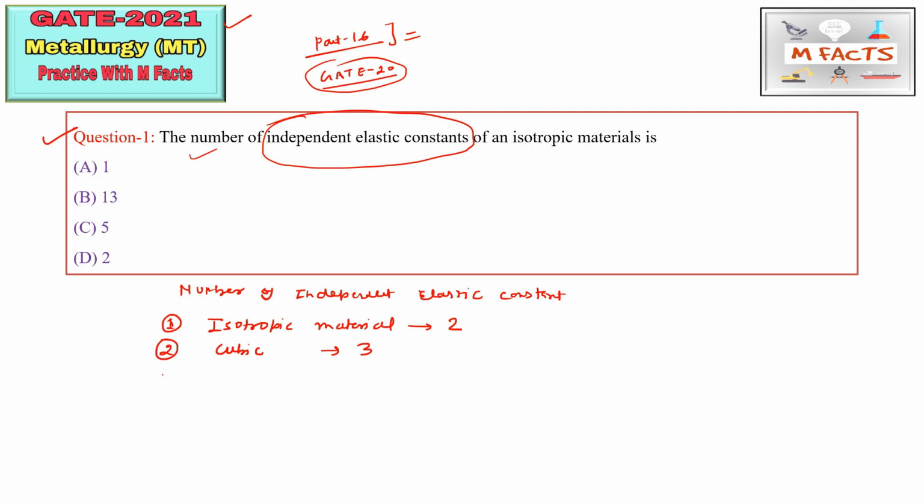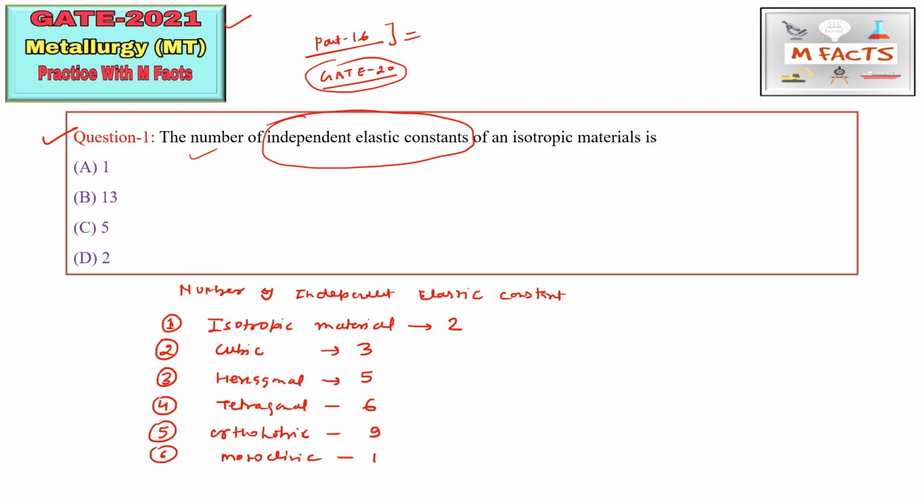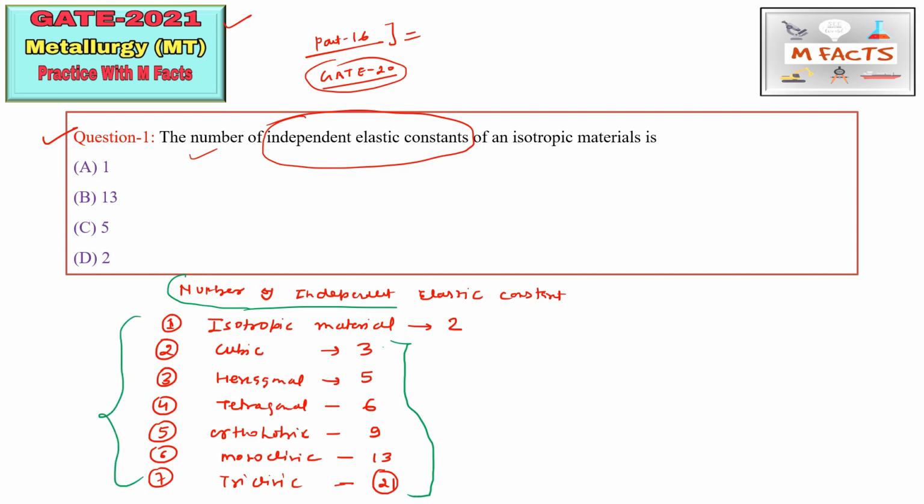Cubic is 3, hexagonal is 5, tetragonal is 6, orthorhombic is 9, monoclinic is 13, and triclinic is 21, which is the largest number of independent elastic constants. These are the numbers for these types of crystal structures, so you should remember this list for future exams.